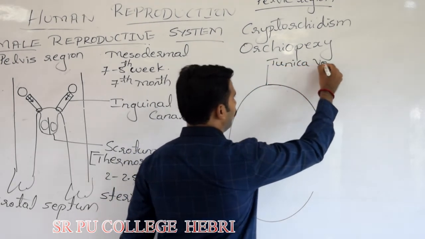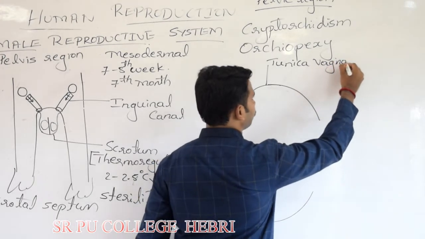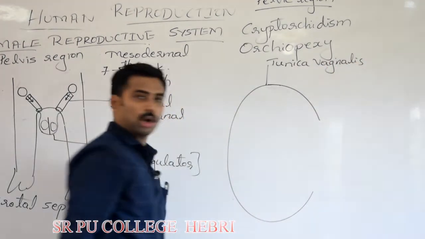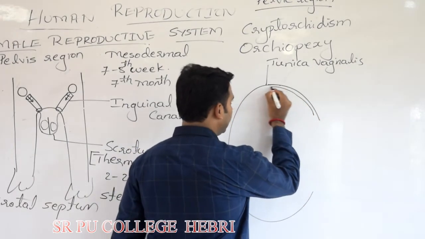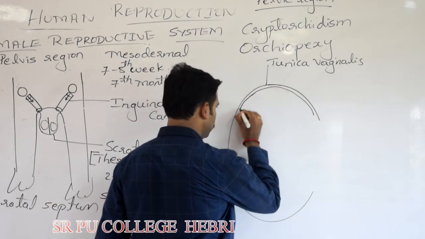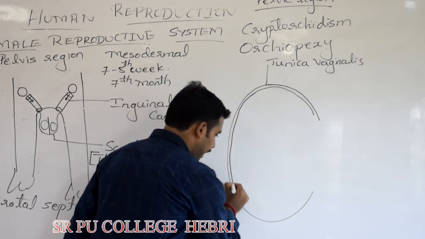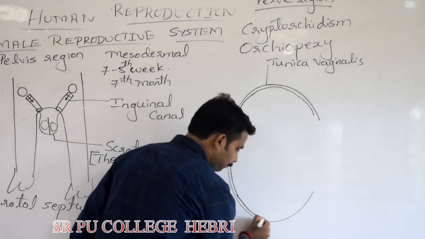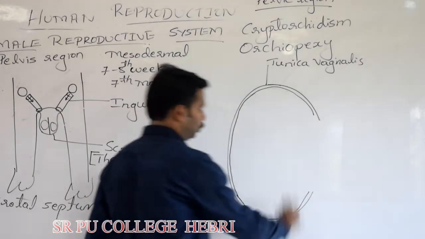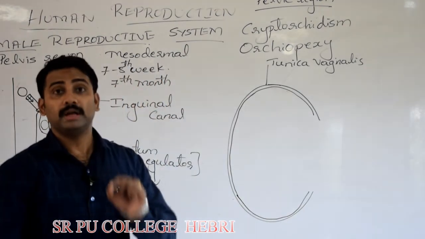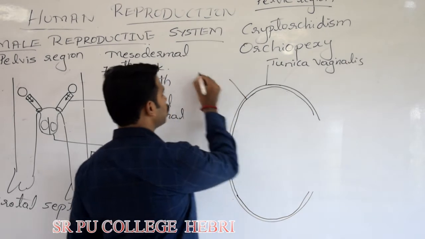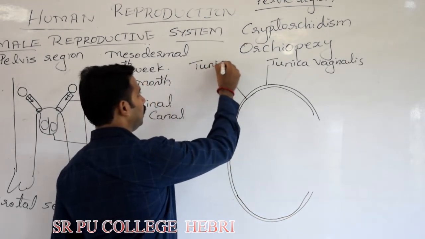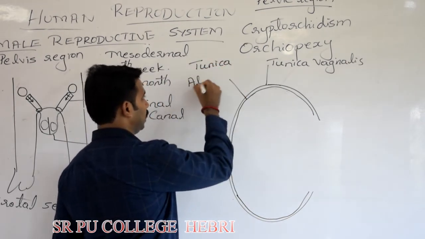The outermost wall of the testis is called tunica vaginalis. Outermost layer is called tunica vaginalis, followed by a middle layer, this is very important, note down, made up of dense fibrous connective tissue and is called tunica albuginea.